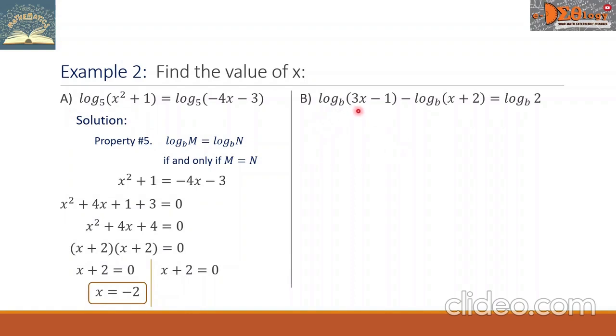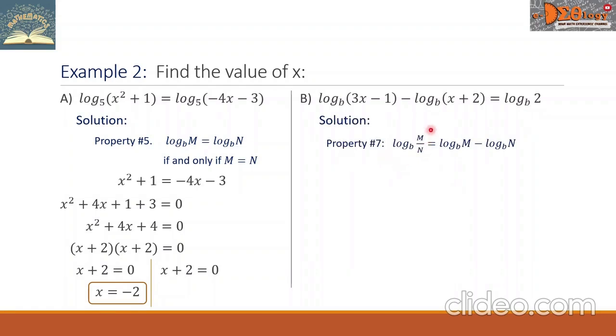Log of the quantity 3x minus 1 to the base b minus log of the quantity x plus 2 base b equals log of 2 to the base b. Remember that we have property number 7.